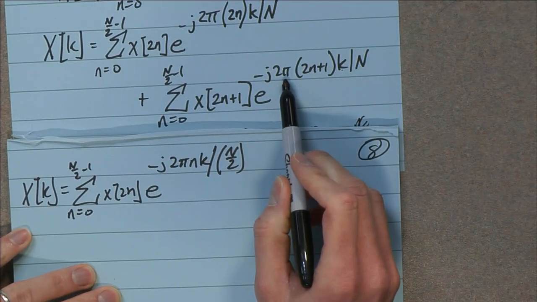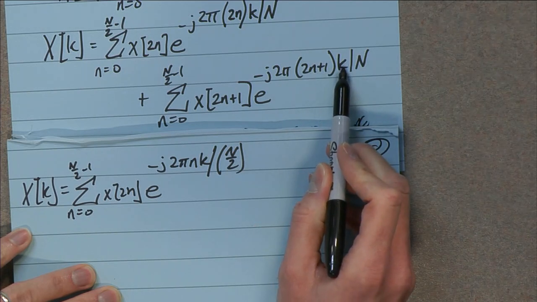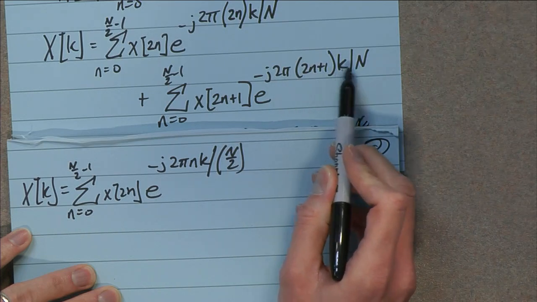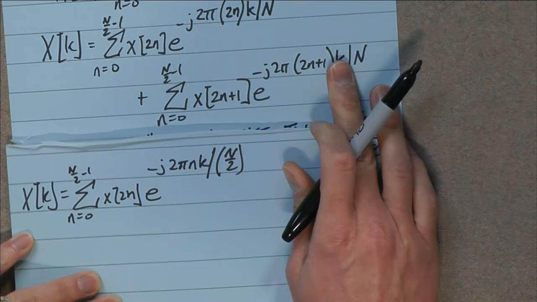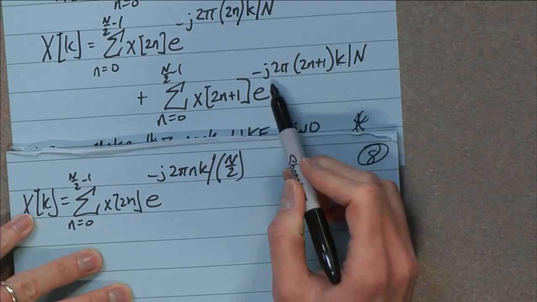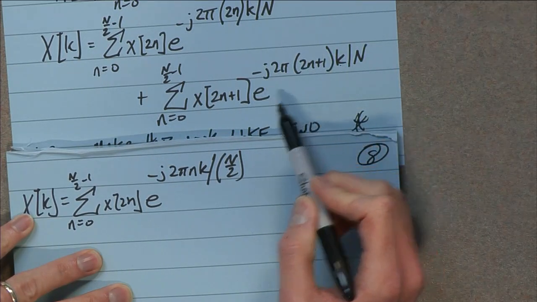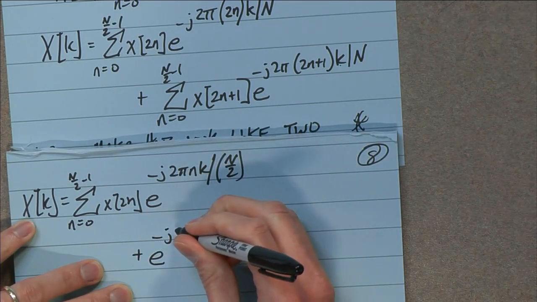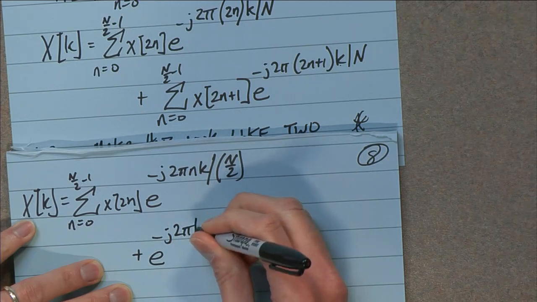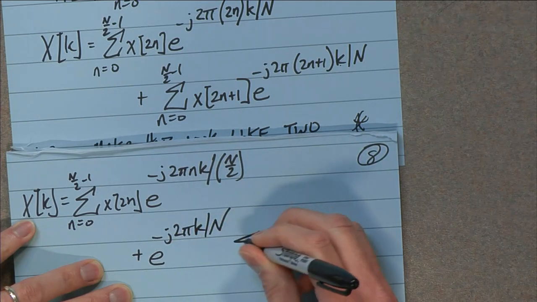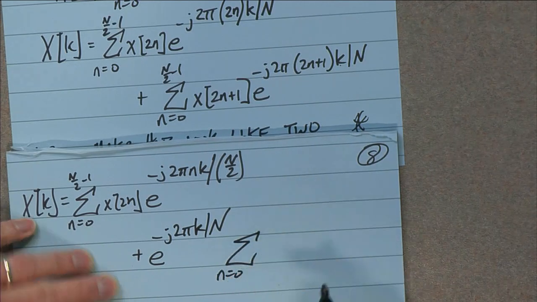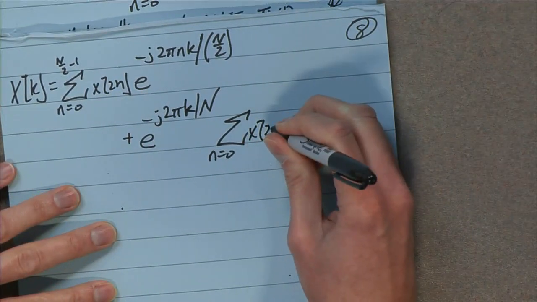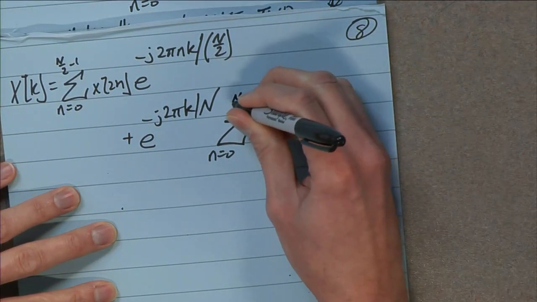We've got the e to the minus j 2 pi times 1 times k divided by N. And the key to using that is to realize that that whole factor doesn't depend on n. So we can pull that factor out, which we will. So that's going to be 2 pi k over N. And now I think we can bring this on up. Now we've got 2n plus 1, and everything looks like what we want it to look like.